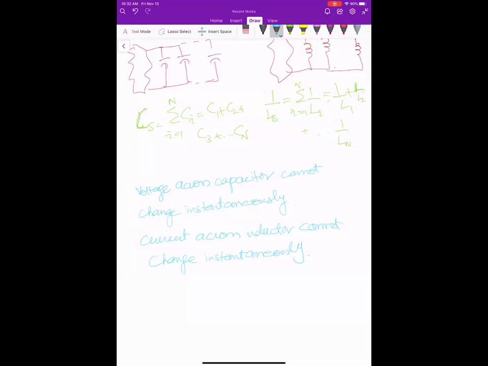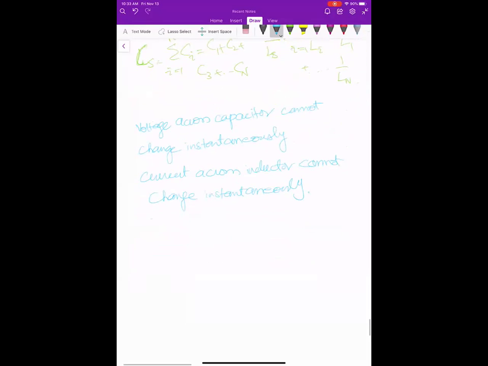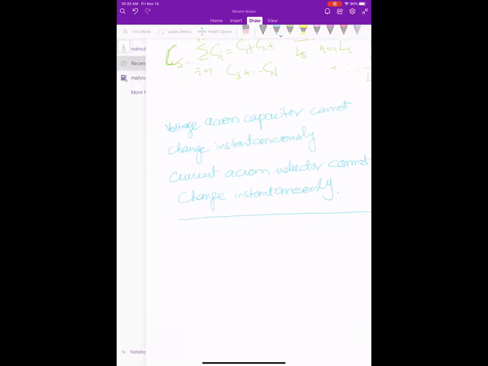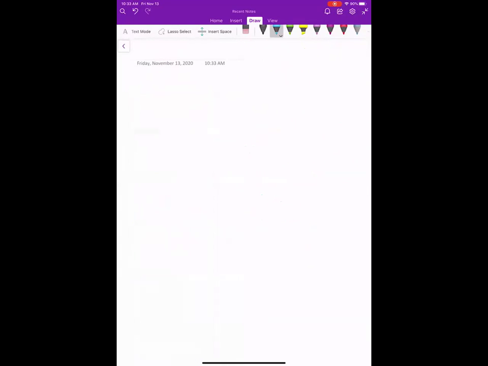In this chapter, whenever you are doing waveforms, you need to know how to find the slopes and how to do these things. So I'll just do a very, very small part of chapter 7. I'm just starting it, so we will continue it next time.